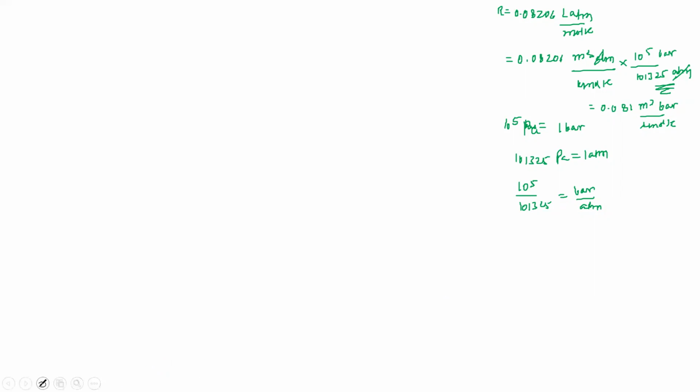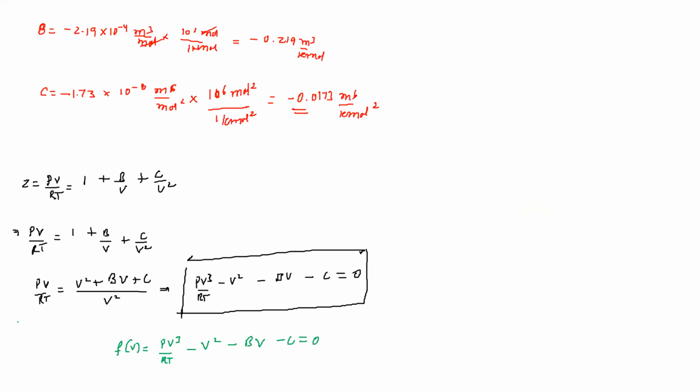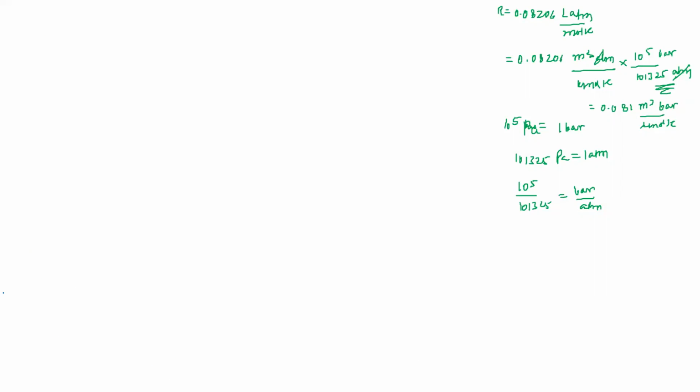So that is R. Once we have R, we have the equation that we are supposed to use as a cubic. On substituting all the values, we get f of V equals 0.24056 V cube minus V square plus 0.219 V plus 0.0173.